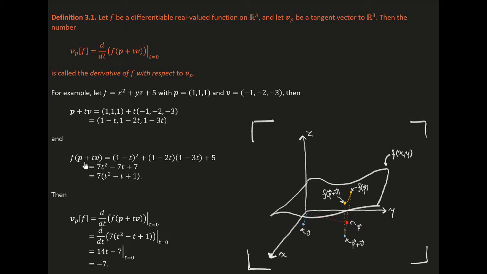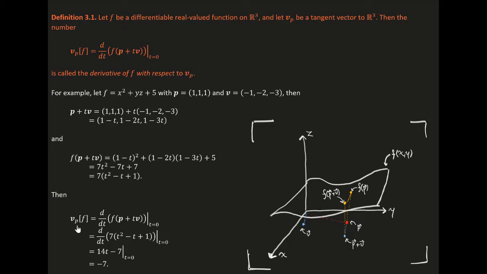So plugging in the different values, 1 minus t for x, 1 minus 2t for y, 1 minus 3t for z, we obtain this polynomial in t. We simplify, and we find that it's simply 7 times the polynomial t squared minus t plus 1.